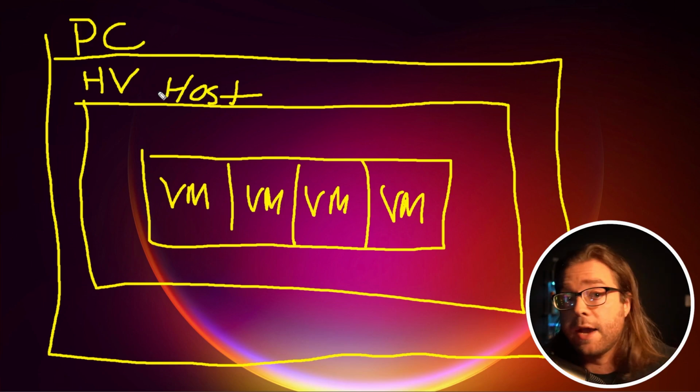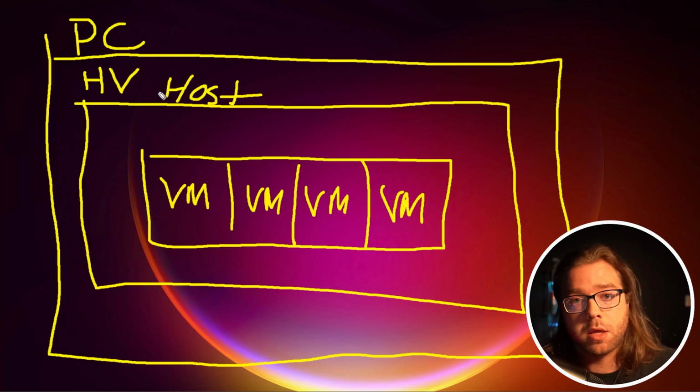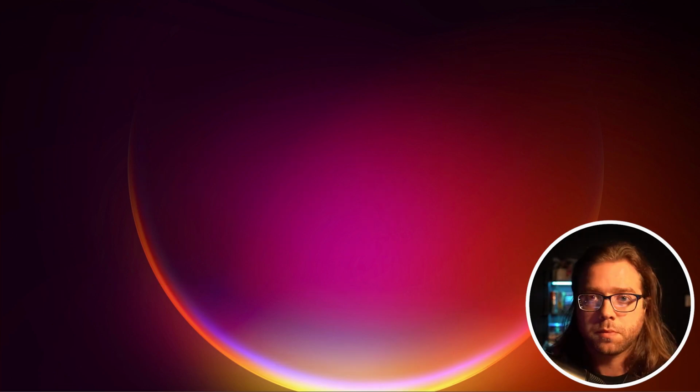And now, without further ado, we shall be actually doing this. All right, to get started with this, we're going to need a few pieces of software. Number one is going to be Rufus.